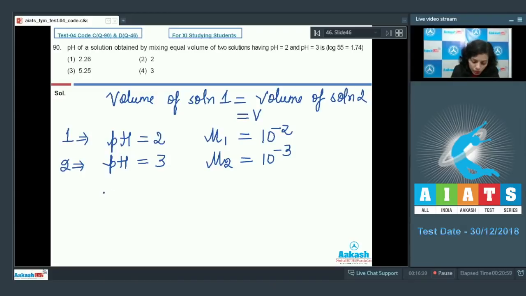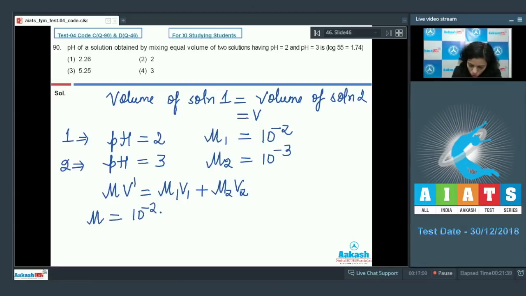So, we'll use the molarity equation M V dash, where M is the molarity of the final solution and V dash is the volume of the final solution, should be equal to M1V1 plus M2V2. Let's place the values here. M we just want to find out. M1 is 10 raised to the power minus 2. Its volume is V. M2 is 10 raised to the power minus 3.